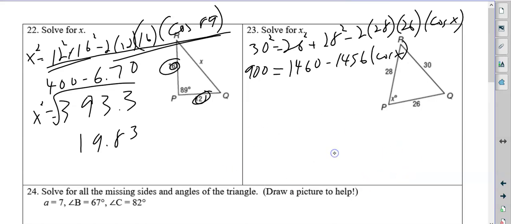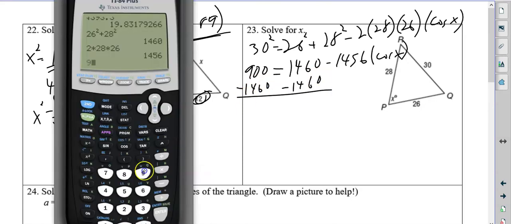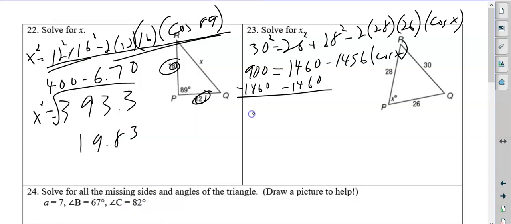So the first thing we're going to do here is get rid of the 1460. So 900 minus 1460 is -560 equals -1456 cosine of x.